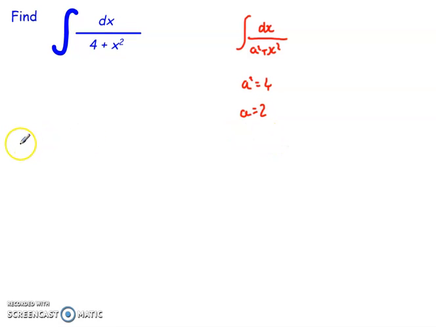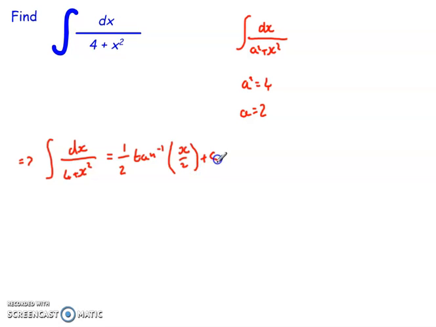So what I can do is just use that standard form of the integral and say what that implies is that the integral of dx over 4 plus x squared is equal to 1 over a, so 1 over 2, tan minus 1 of x over a, so x over 2 plus c.